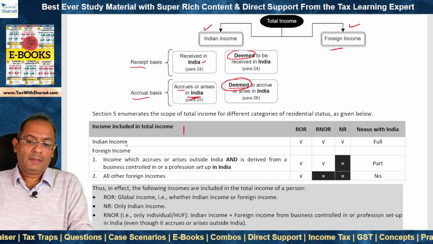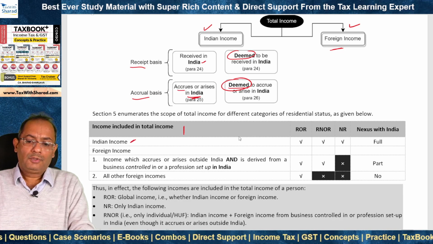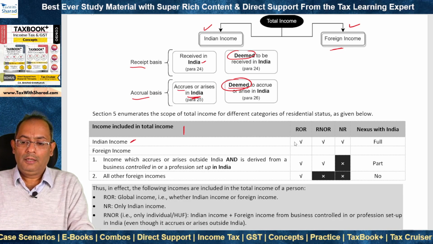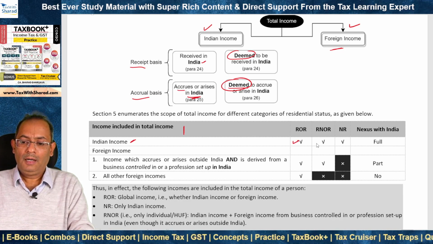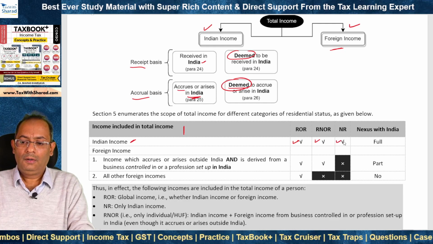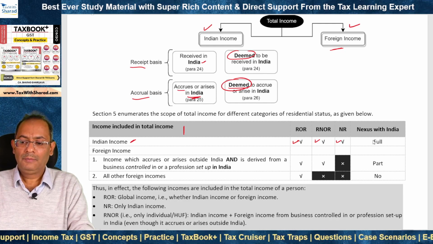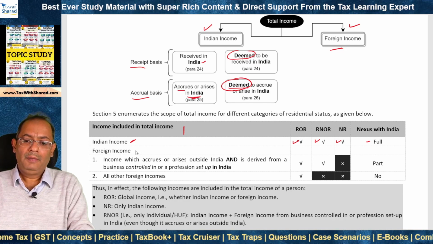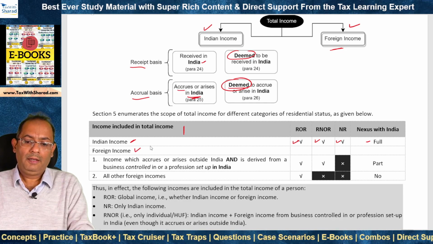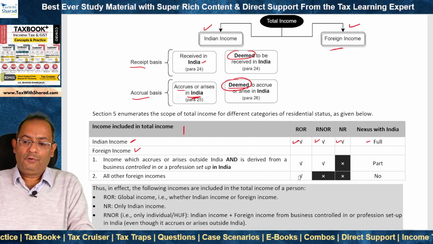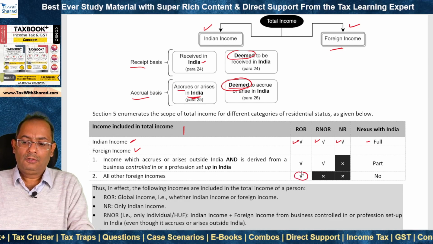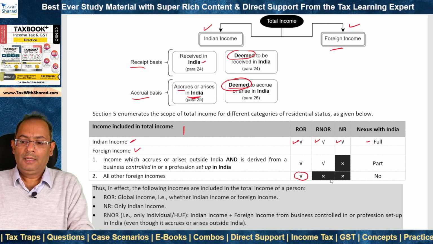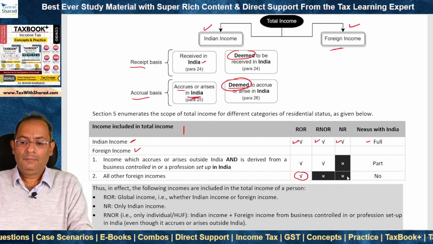Let's see. Indian income is included in the total income of all the persons, whether ROR or RNOR or non-resident. Why? Because it has full nexus with India. So this is about Indian income. Income which is not Indian income is foreign income. Foreign income is taxable in the hands of a ROR, not in the hands of a RNOR or a non-resident.